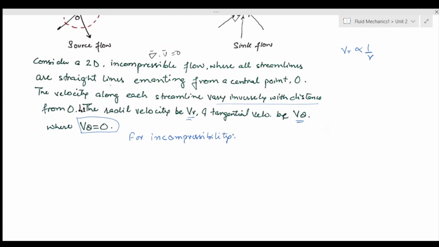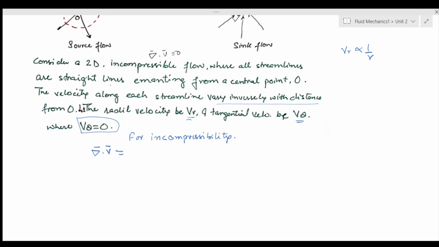I can use both. So for incompressibility, del dot V is 0. Now in this case, I cannot take the xy axis. I mean, I can take the xy coordinate system, but that would make my problem difficult. So instead I would take the r and theta coordinate system.